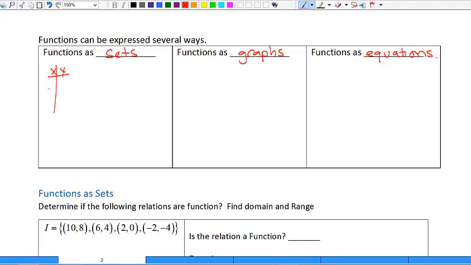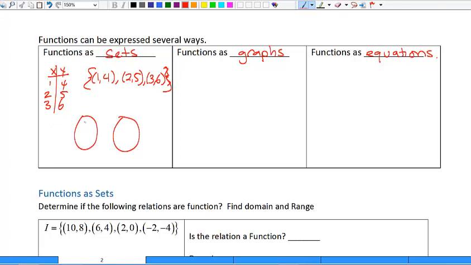They can look like t-charts, like 1, 2. So this is the points 1, 4, 2, 5, and 3, 6. Here's different ways of writing it out. I could say the set of the points and list the ordered pairs. I could list the ordered pairs in a t-chart, or I can list the ordered pairs in a graphical display with my mapping.